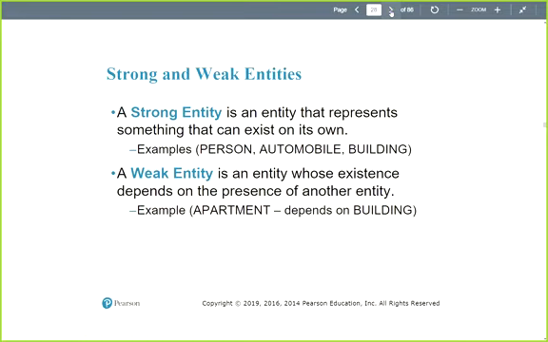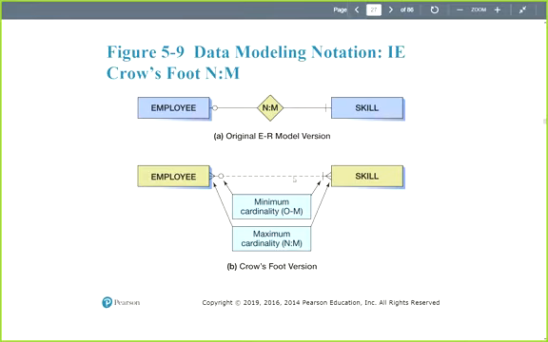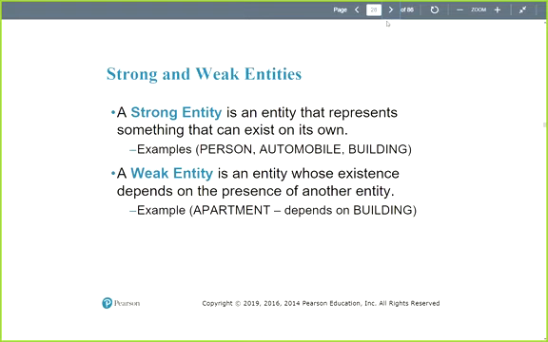And the dashed line we talked about earlier, right, leads to our next important concept. See, this line is dashed, right? The next important concept here is called the strong and weak entity. A strong entity usually refers to something that can stand by itself in the real world.